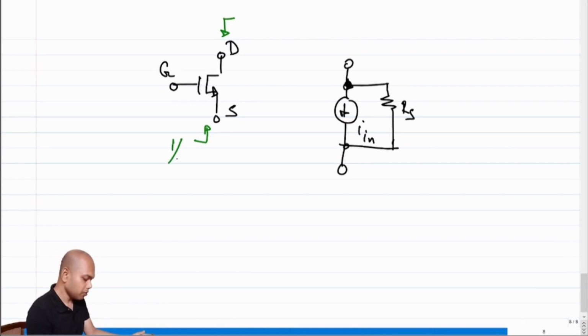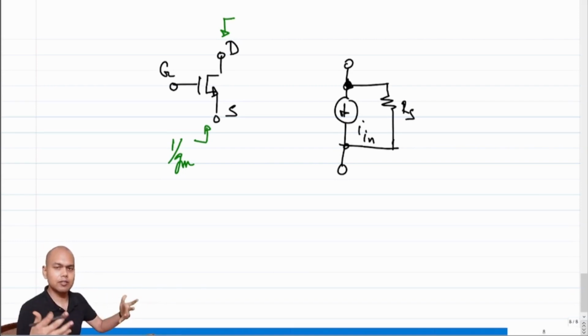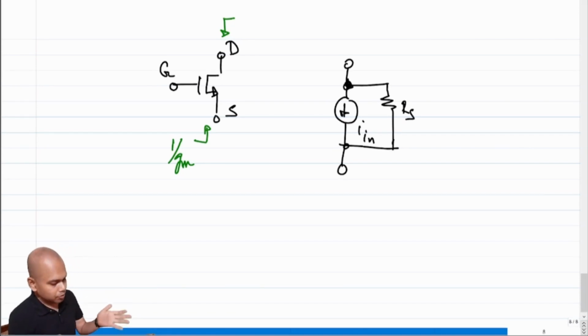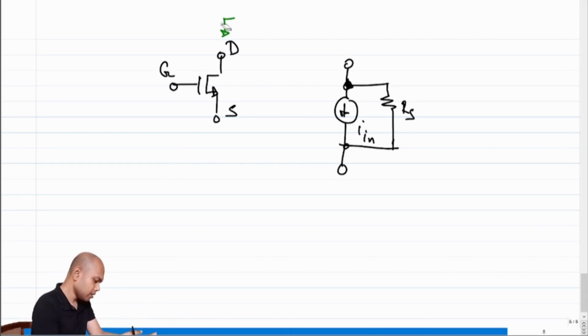What we saw was that looking in impedance into the source is 1 over gm, 1 over the transconductance of the transistor, and by definition we would want the transconductance to be as large as possible, which means naturally the impedance looking into the source becomes smaller, right? So if that is the case, where do you think we should connect?